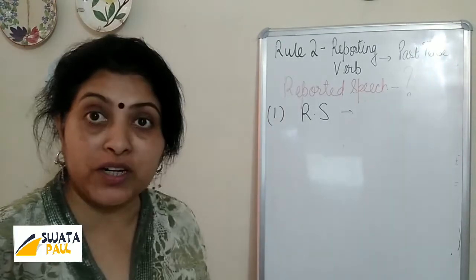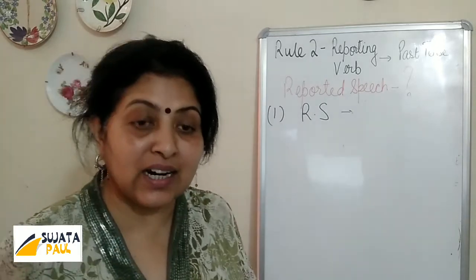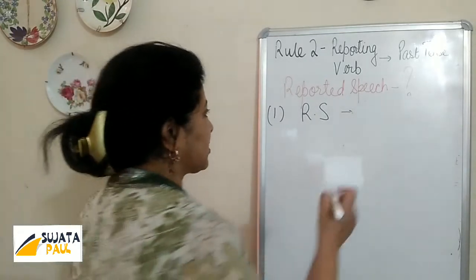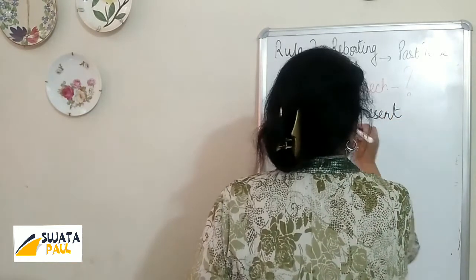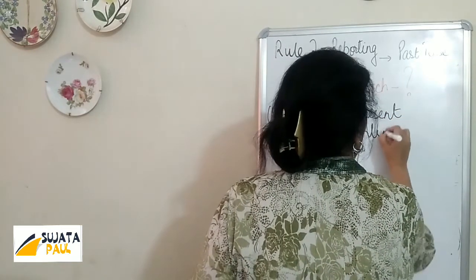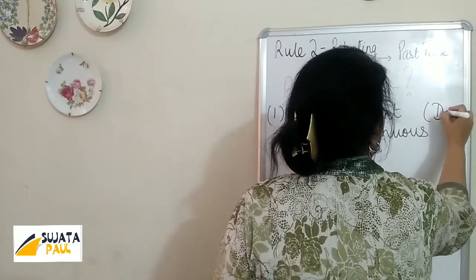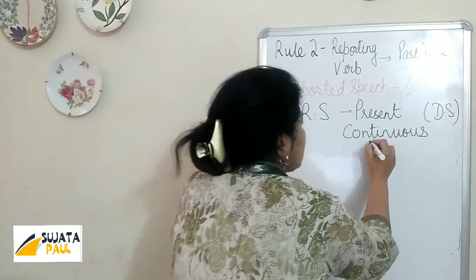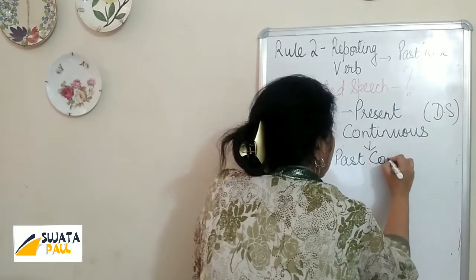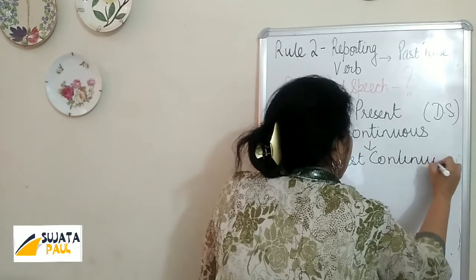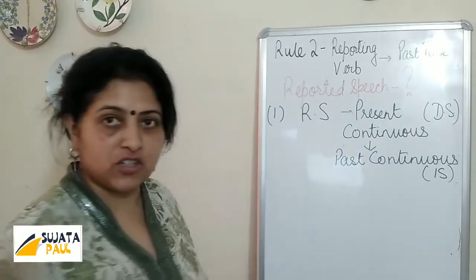And the second one is, if my reported speech, what is given in the inverted commas, is in the present continuous in the direct speech, this will change into past continuous in the indirect speech.